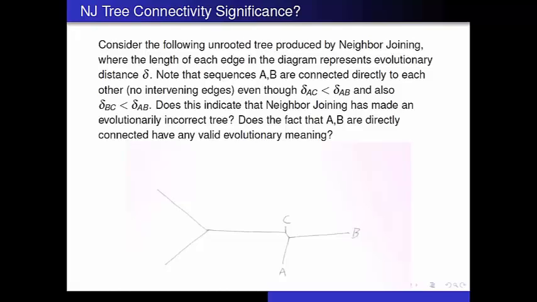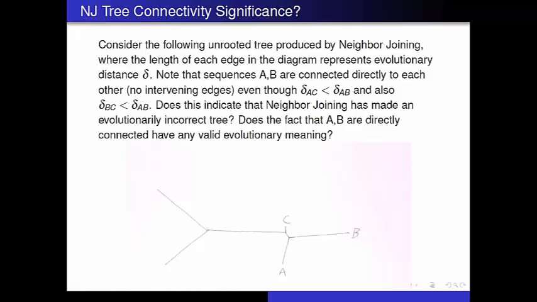That's the first question. The second question is, does the fact that the tree algorithm has placed these two sequences as neighbors, in other words, connected by a single internal node, does that have any valid evolutionary meaning?